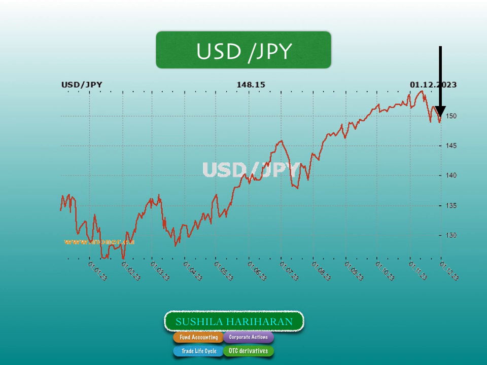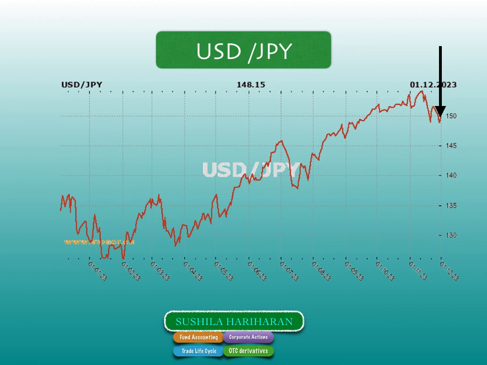Now if you look at it from the point of view of 1st February, it was only 120. So from 1st February 2023 to 1st December 2023, the currency has moved from 120 yen to a dollar to 150 yen to a dollar.